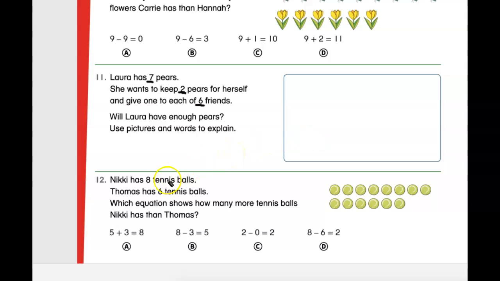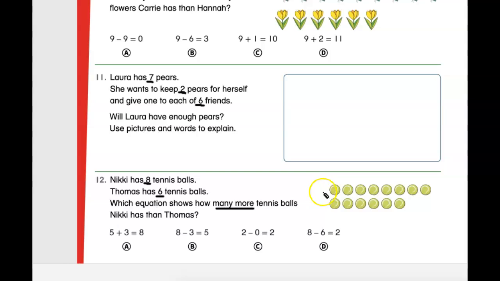And number 12 says Nikki has 8 tennis balls. Thomas has 6 tennis balls. So which equation shows how many more tennis balls Nikki has than Thomas? So let's look at our equations down here.